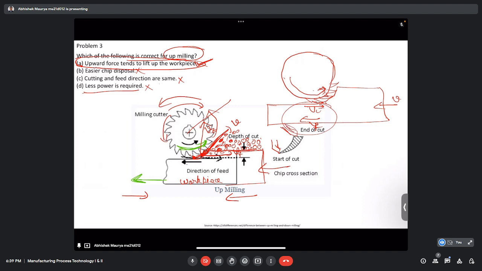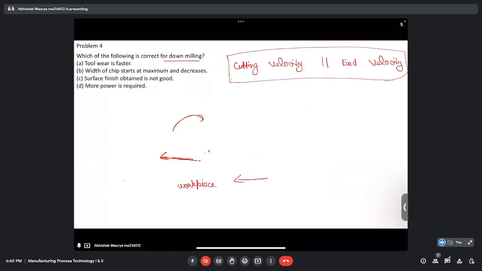When the tooth was engaging the workpiece at that point, the thickness of chip is 0, but when it is leaving here, the thickness is the maximum. But here the opposite is happening.